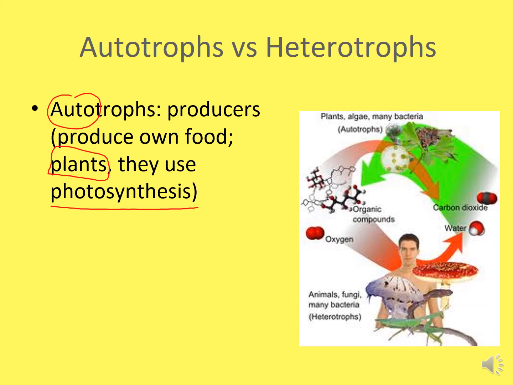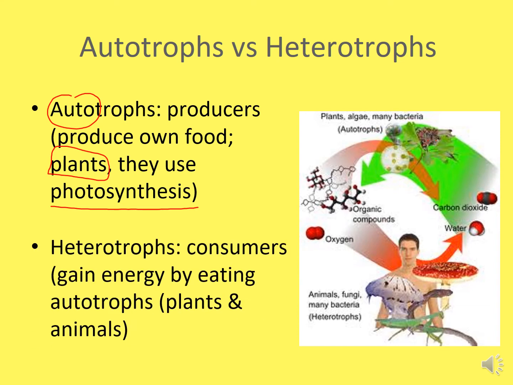Well, we have heterotrophs, which means we don't get our energy from just looking at the sun and saying, "Hey, I'm hungry." This is where consumers, such as ourselves, gain energy by eating autotrophs, which is going to be plants and animals.